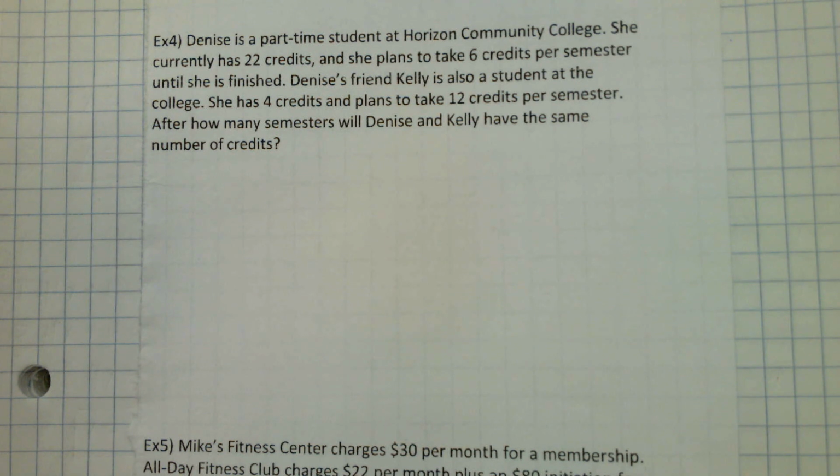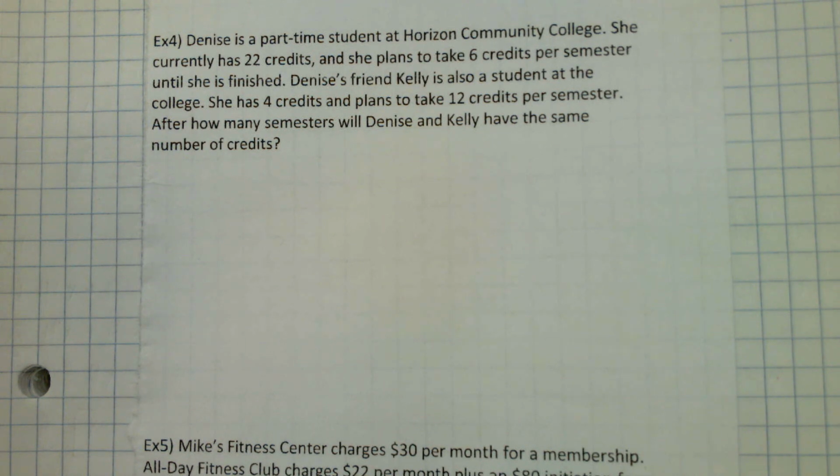She currently has 22 credits and plans to take 6 credits per semester until she is finished. Denise's friend Kelly is also a student at the college. She has four credits, so she has less, and plans to take 12 credits per semester. After how many semesters will Denise and Kelly have the same number of credits?